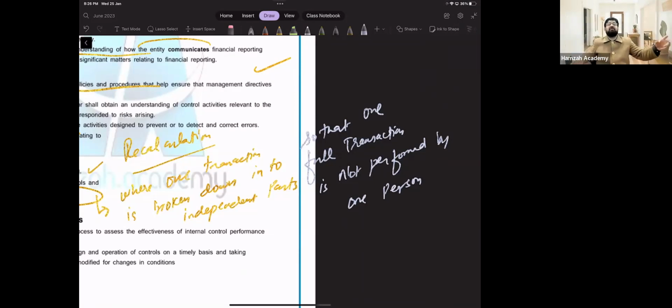The cashier will not have access to the accounts. The HR department and payroll department will be two different departments. HR will set up employees and payroll will maintain the record of payroll to avoid fraudulent payment. This is called segregation of duties.